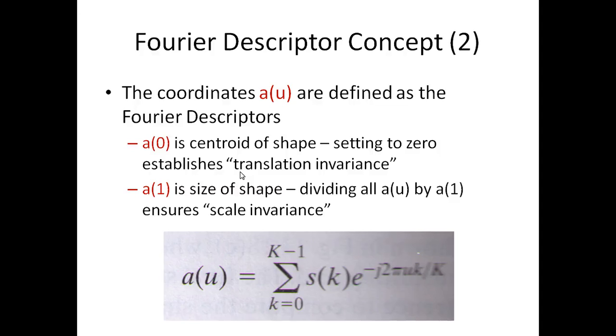It's basically a circle centered on the particular centroid. So if you divide all of the A sub u of this by A1, then you're going to get a scale invariance. Everything's going to be to the same scale, the unity, basically. And the bottom graphic, I just cut and pasted an image out of the textbook there. It shows the equation for this particular thing. It's just a Fourier transform. It's a discrete Fourier transform.